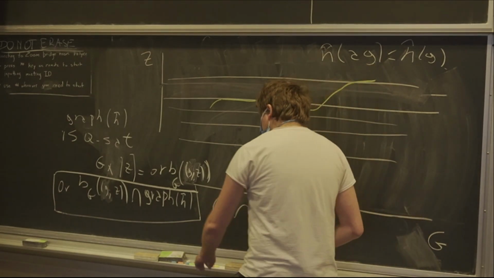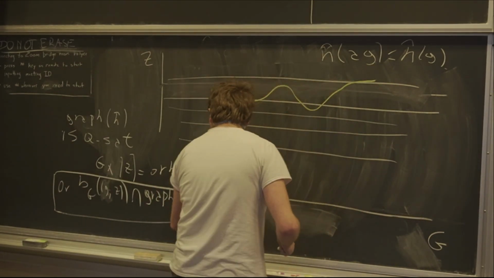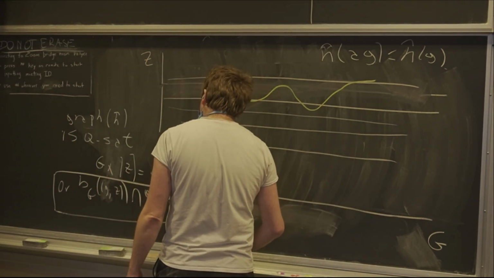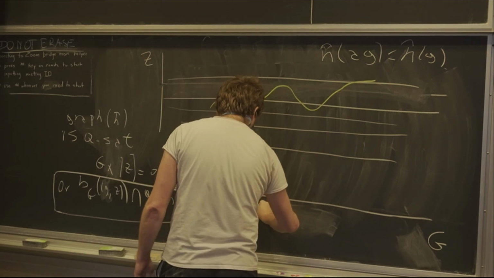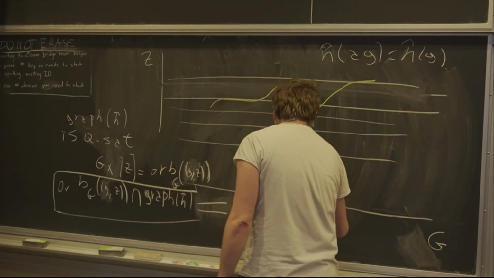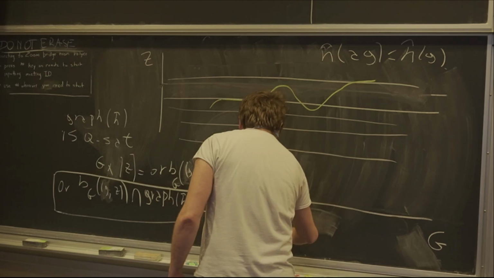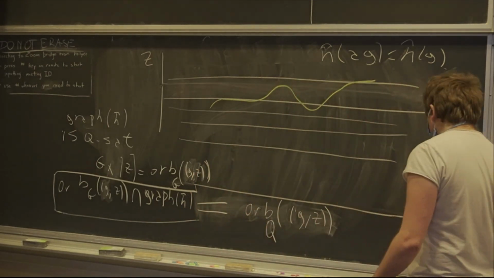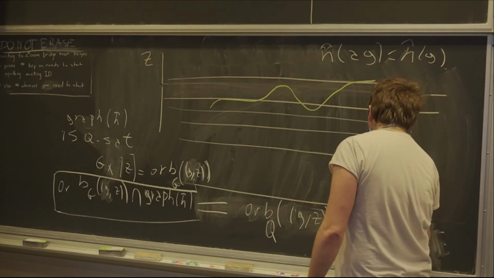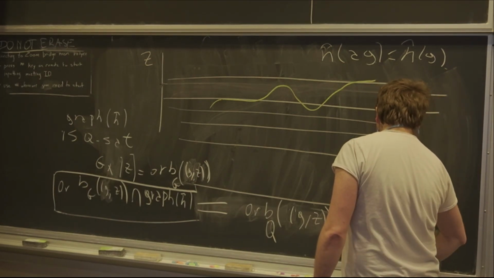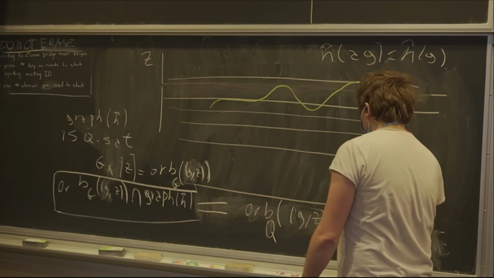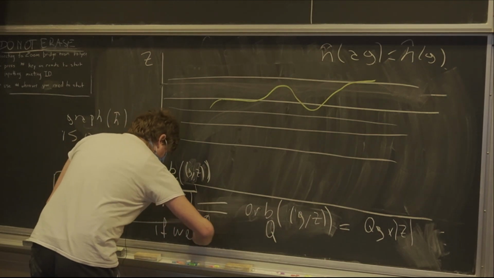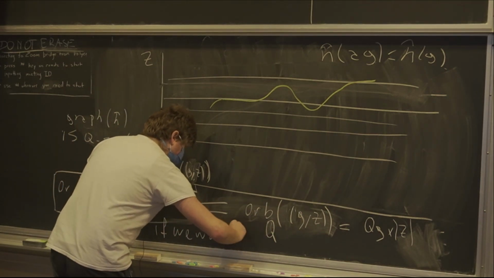So this guy has to be equal to the Q orbit of GC, which is equal to QG times C, if we want phi to be one-to-one.